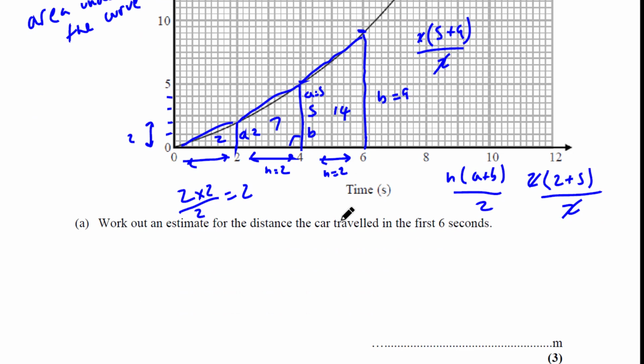This is important to do the working out to get method marks, so we just do 2 add 7 add 14, which equals 23.